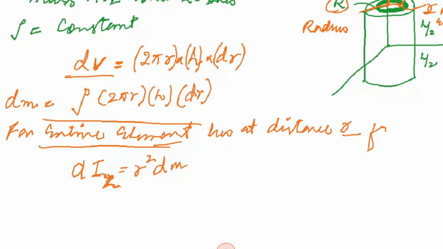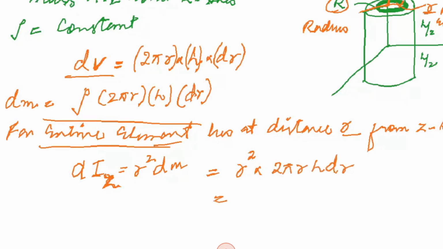For that elemental area the mass moment of inertia will be r square dm. Now we know r square as it is, and dm is how much? 2 pi r h dr.